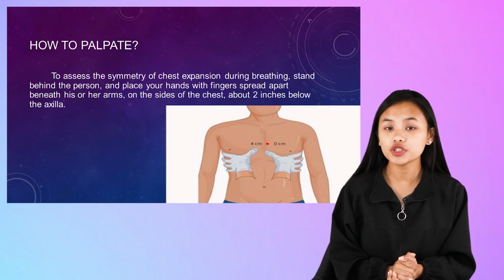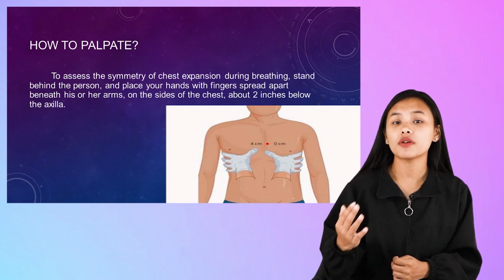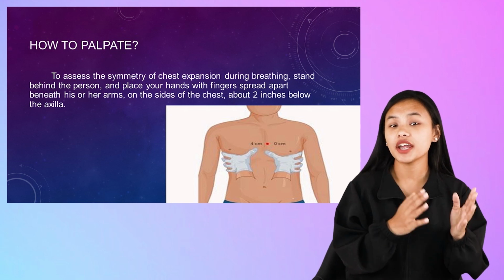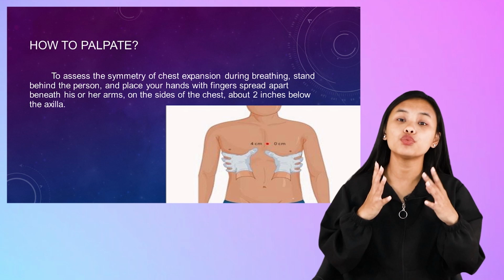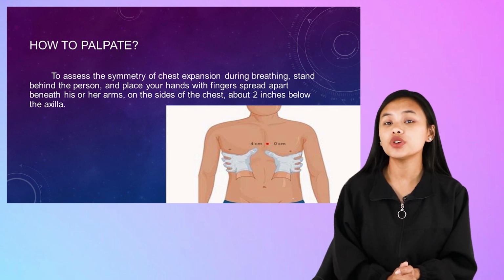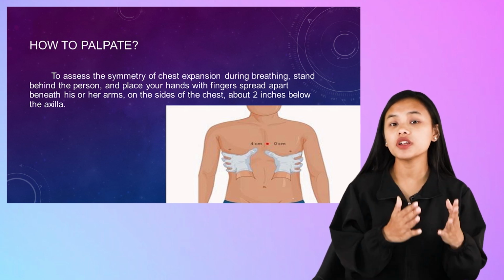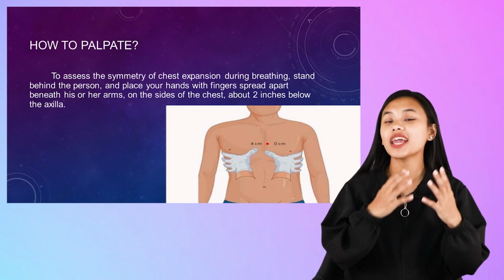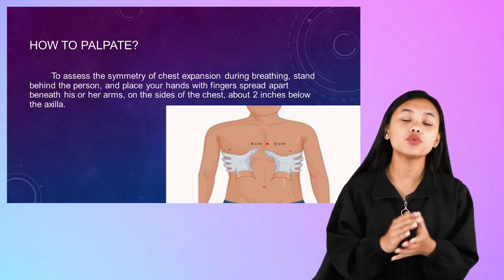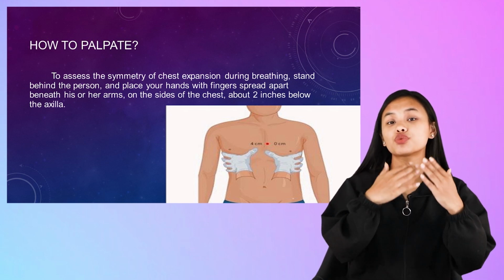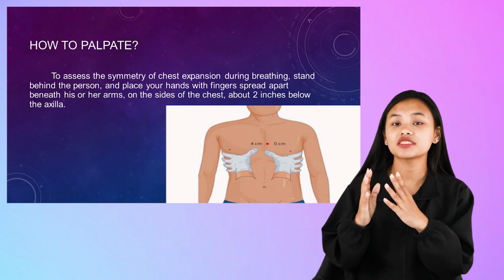We need to make sure that our fingers are spread apart and pointing towards the anterior chest. Why towards the anterior chest? Because it will let you feel the chest rising and falling during inspiration and expiration.